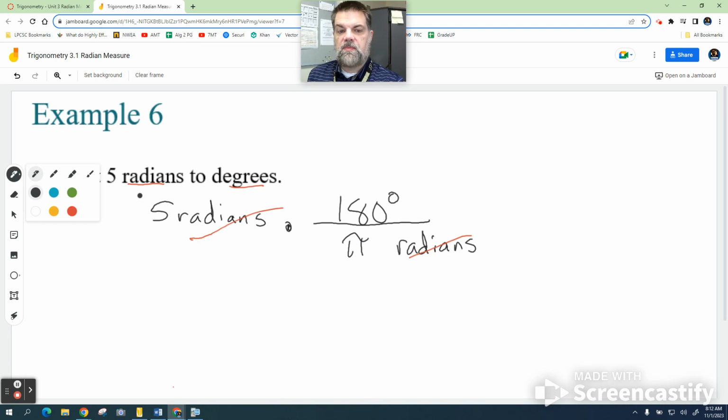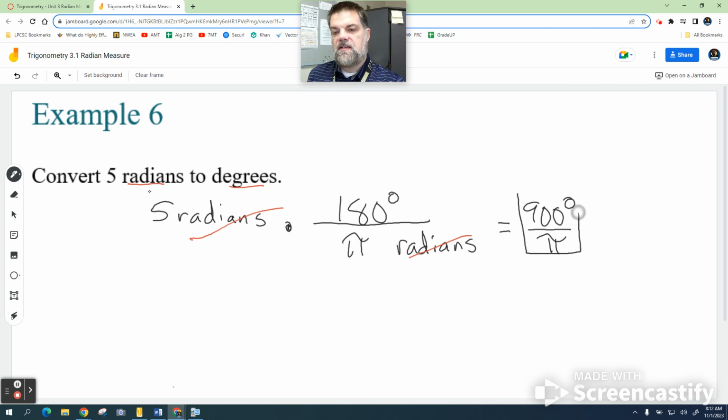Now I'm going to multiply 5 times 180, which is, what is that, 900 degrees divided by pi? So we say 900 degrees divided by pi. And in this case, because it's degrees, I think it doesn't tell us.